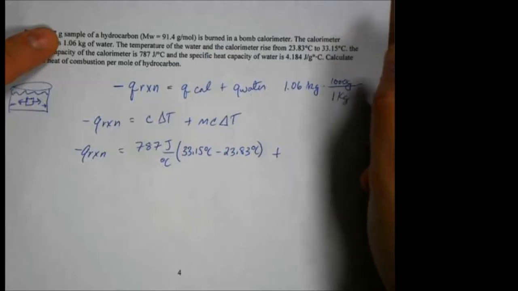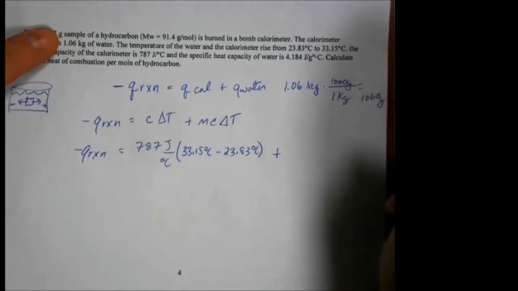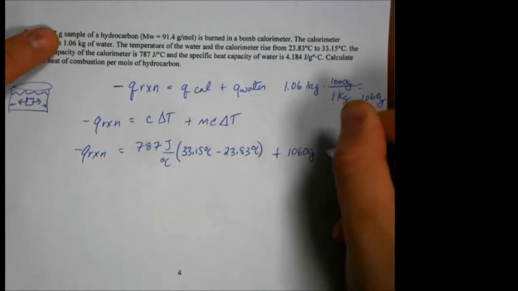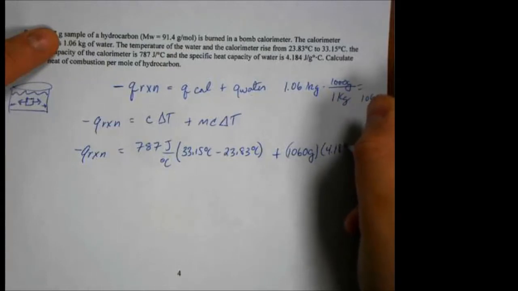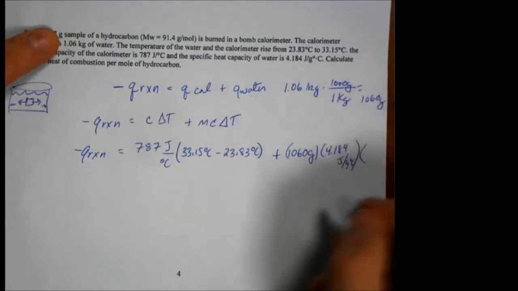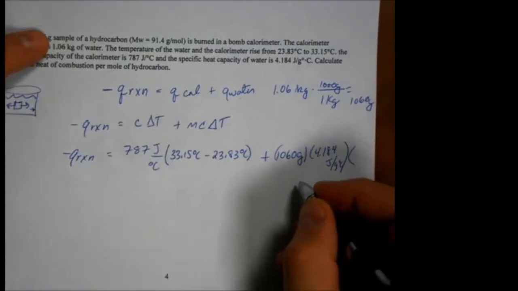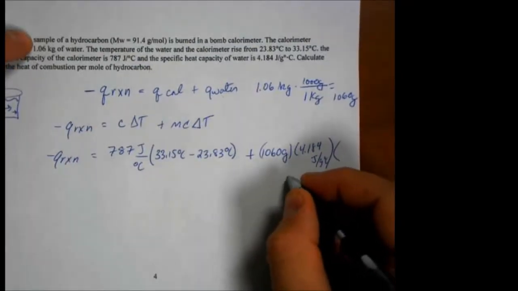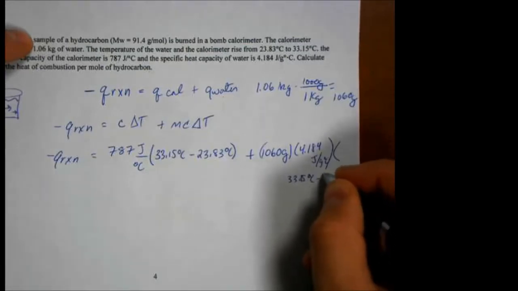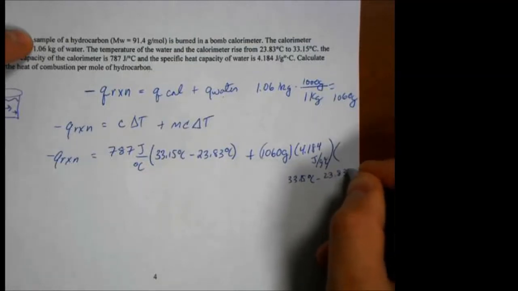So this is going to be 1,060 grams times 4.184 joules per gram degree Celsius. And then I'm going to have my delta T, which is 33.15 degrees Celsius minus 23.83 degrees Celsius.